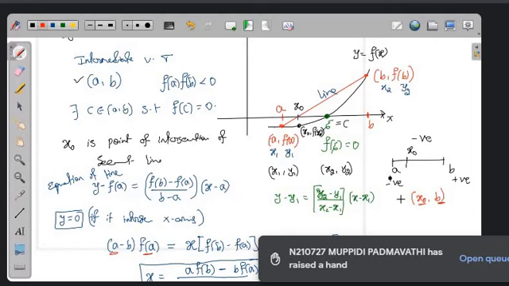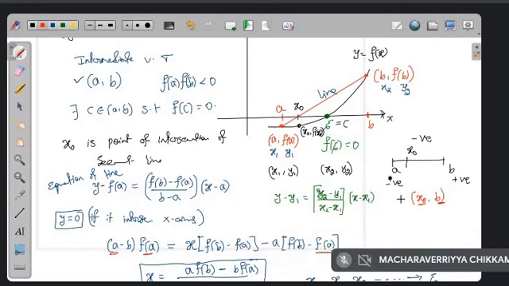Any question? Please raise your hand if so. So you got the new interval. Again, you do the same thing for the new interval. Again you construct the secant line and see where it intersects the x-axis. Now this is going to be our second approximation.